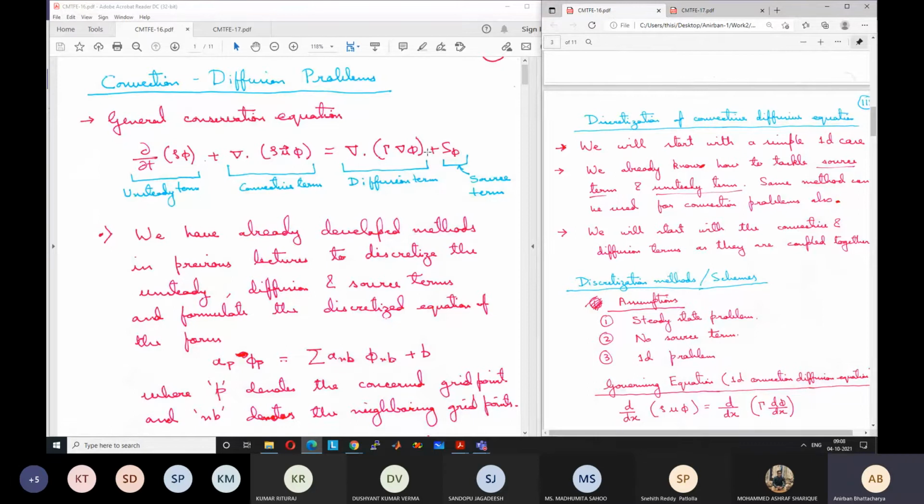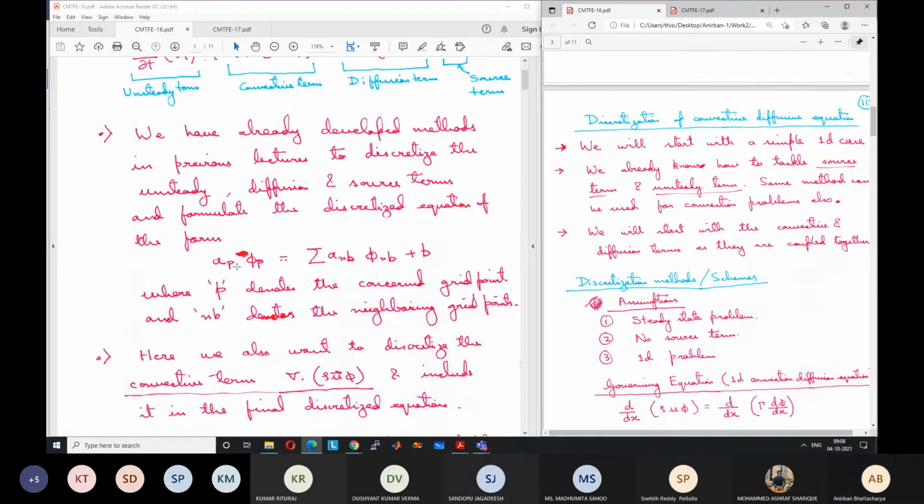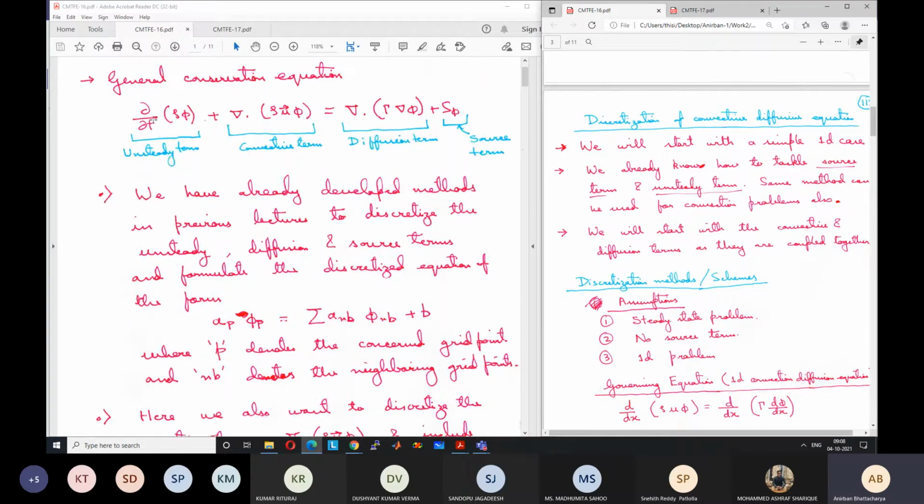And our task is to find a discretized equation where these AP and a_nb values will be in terms of the properties like rho, gamma, u, and the geometric parameters, delta x e, delta x w, things like the delta x.